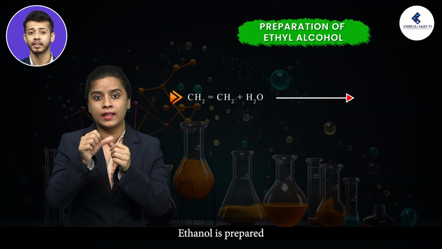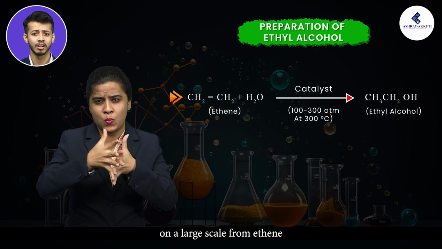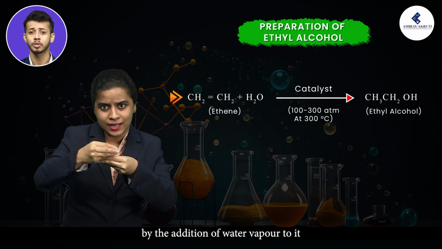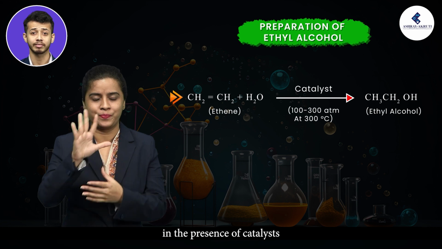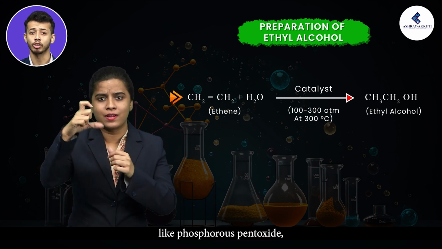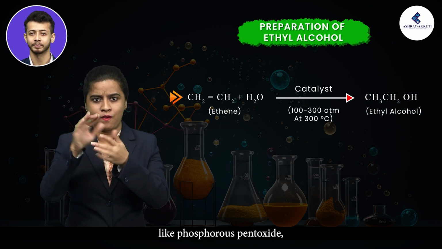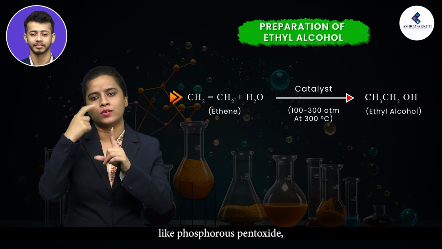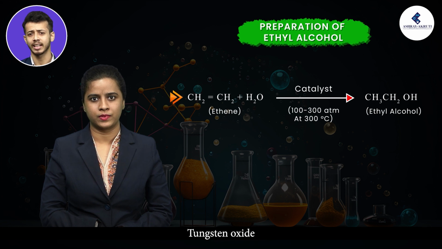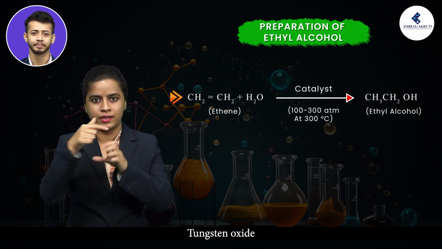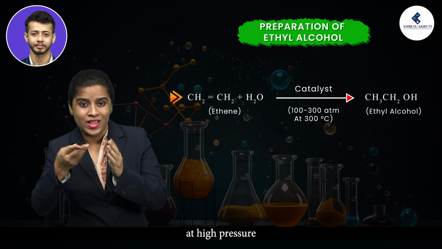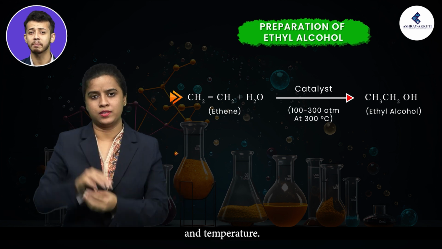Ethanol is prepared on a large scale from ethene by the addition of water vapor to it in the presence of catalysts like phosphorus pentoxide, tungsten oxide at high pressure and temperature.